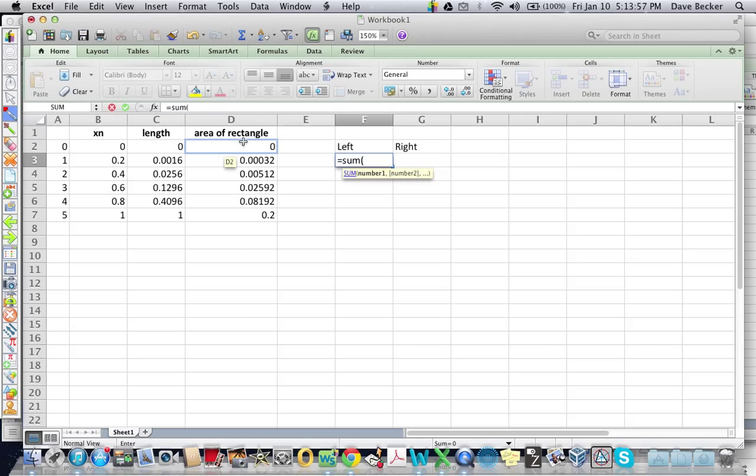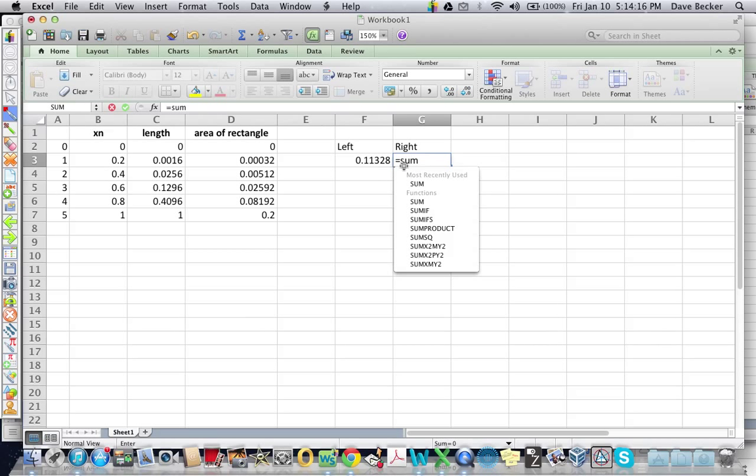So that would be this area. So that's going to be D2 to, let's see, D6. Bam. And then for right rectangles, that's going to equal the sum. And since we're up here, we can just highlight it from x sub 1 all the way to x sub 5.